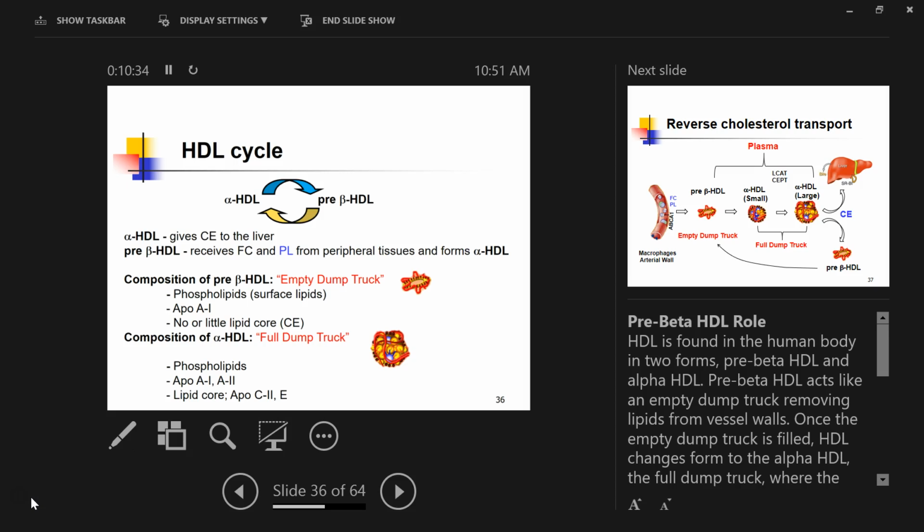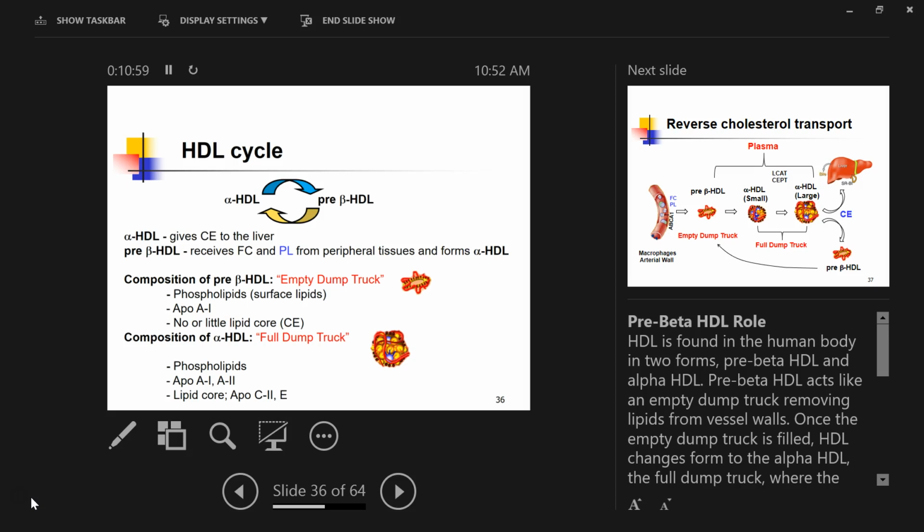But if you compare to the alpha HDL, it is basically considered a full dump truck. That means you uploaded all the lipids already in the HDL. And this alpha HDL is filled with cholesterol in the core, right?